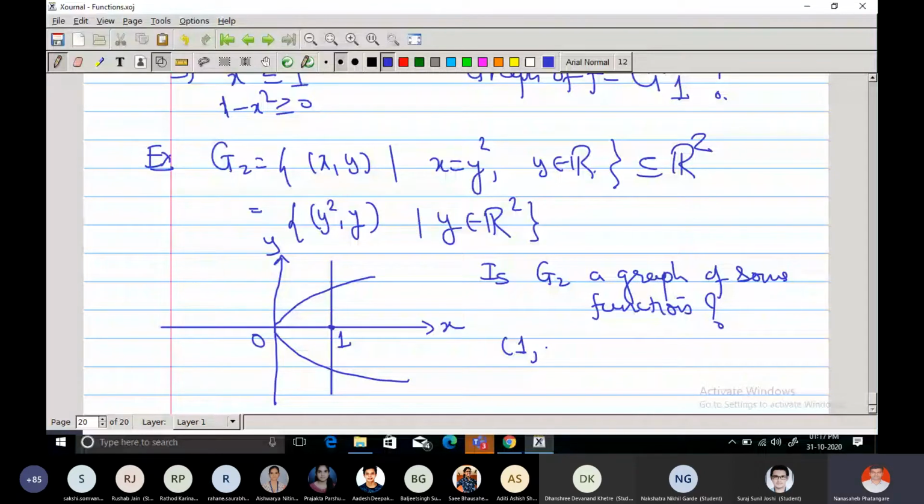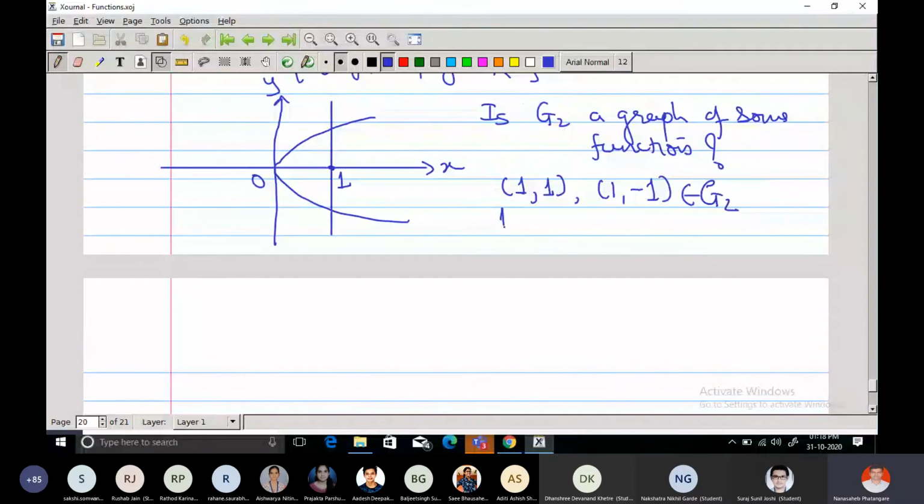That means 1 is related to 1 and 1 is related to minus 1 also. And for a function, one element cannot have two distinct images. So if you recall the definition, for every element in the domain, there must exist a unique image.